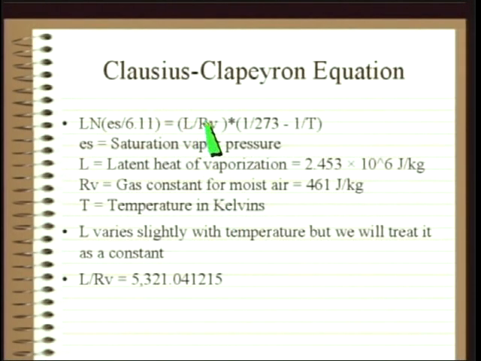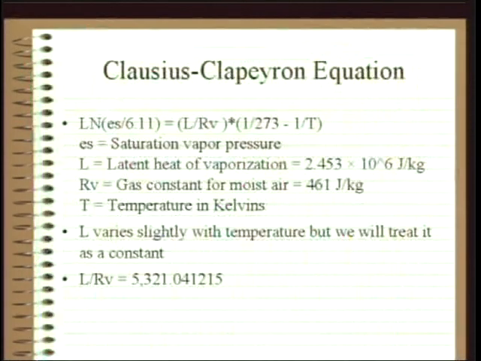If you take L divided by RV, those two constants divided together produce the value 5,321.041215. So again, in this equation, we have the natural log of e sub s divided by 6.11 equal to L over RV times 1 over 273 minus 1 divided by the temperature.